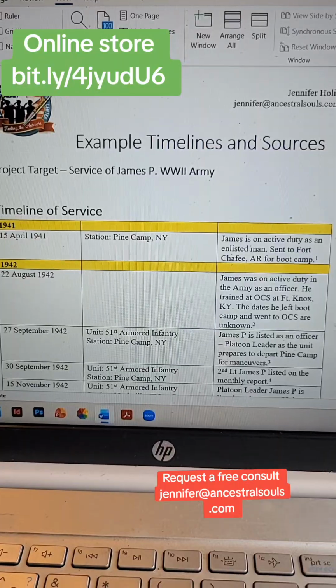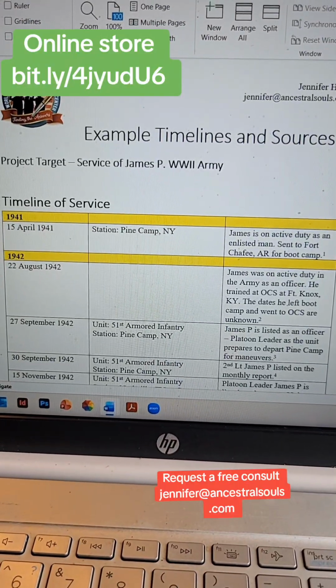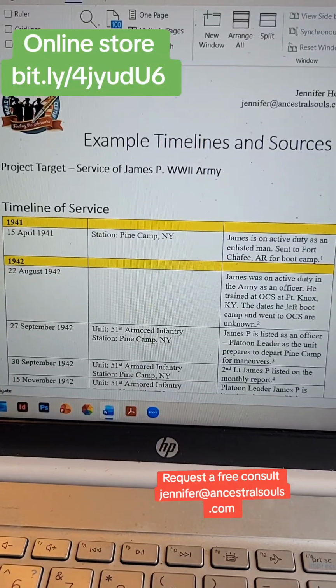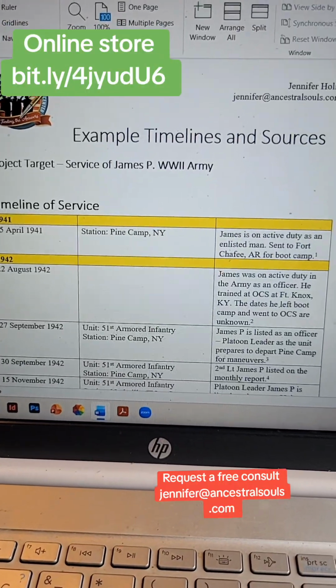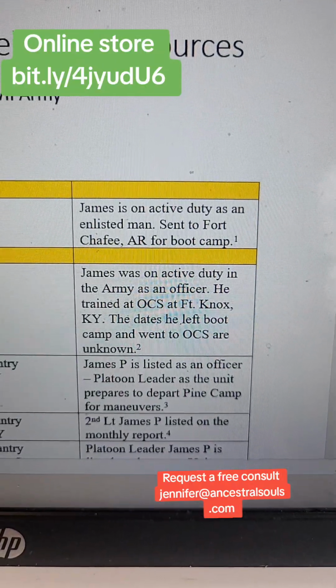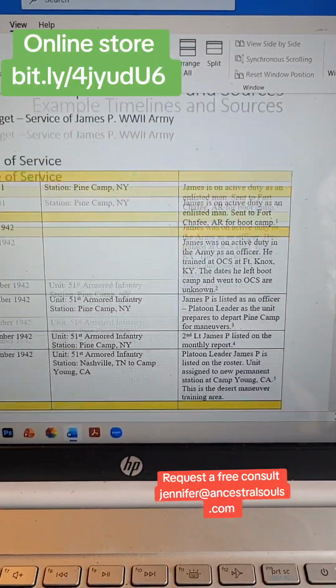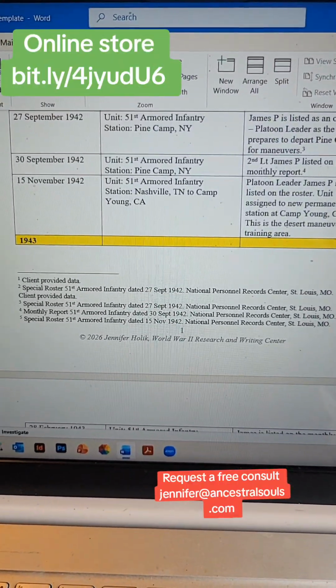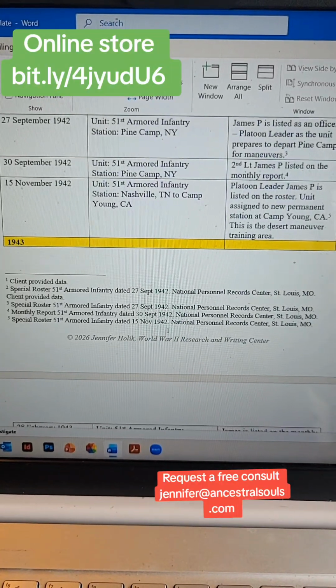If I'm looking at Army Morning Reports, for example, what was listed in that record of events? What is happening with the soldier I'm researching? And then every 3rd column has a footnote so that I know exactly where I got that information. Okay?